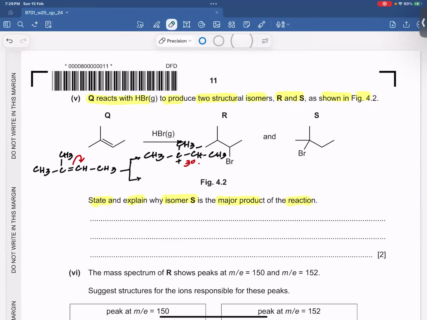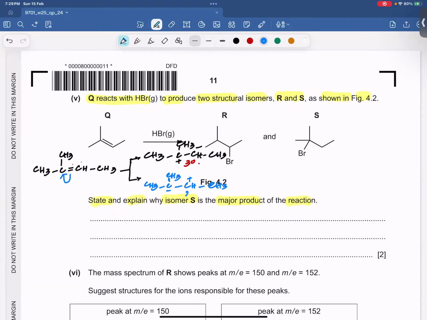Another breaking of the pi bond has to be like that. That pi bond shifts onto that carbon atom. So I'll get CH3, CH3. Obviously, this carbon is going to be negative now. This CH is going to be positive now. And this CH3.